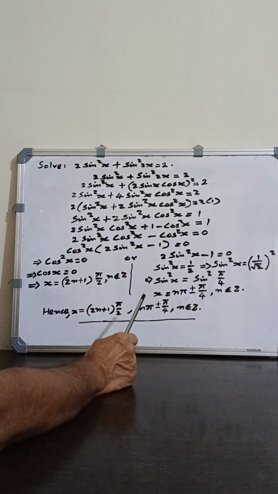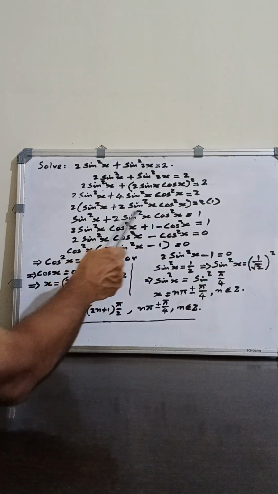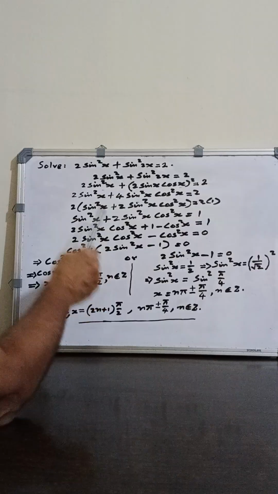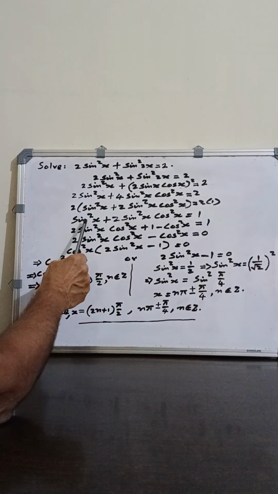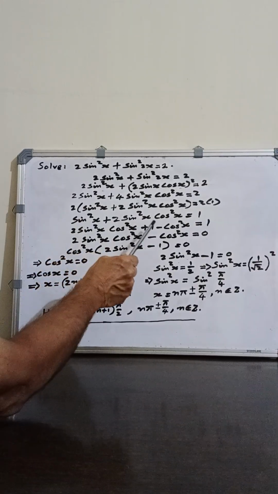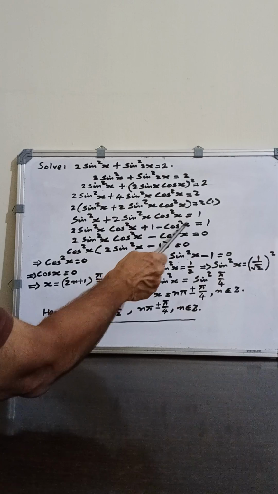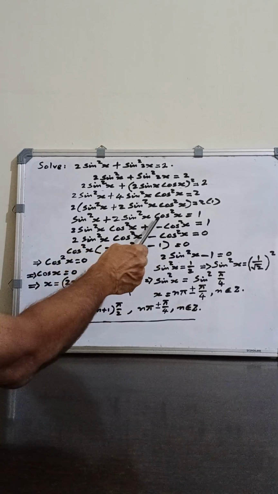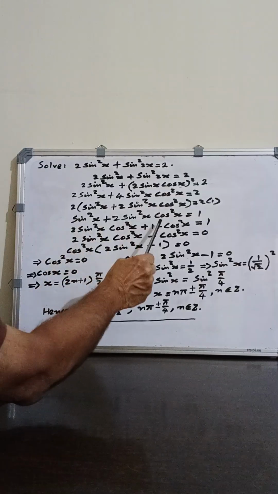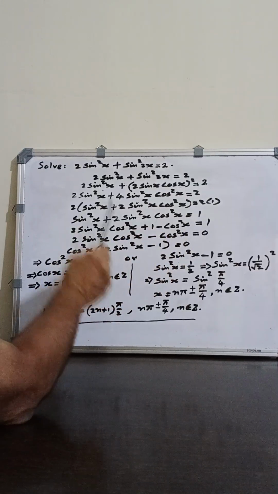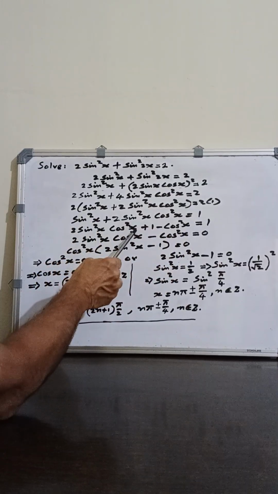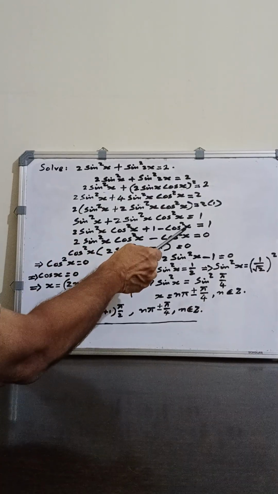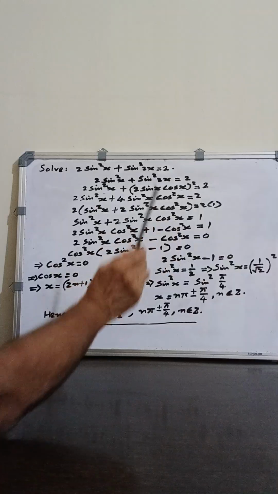That is, 2 sine squared x cos squared x, the first term I am considering, and in the second term, instead of sine squared x I am putting 1 minus cos squared x equals 1.